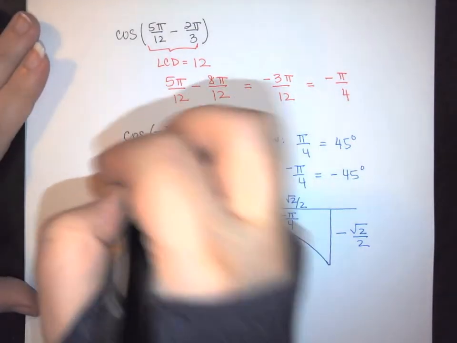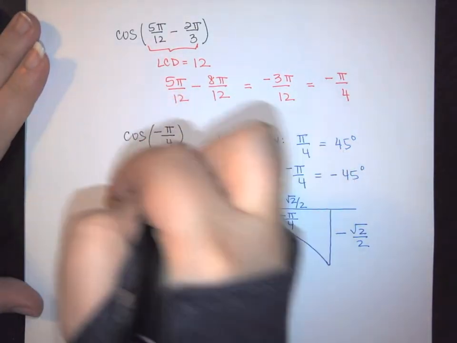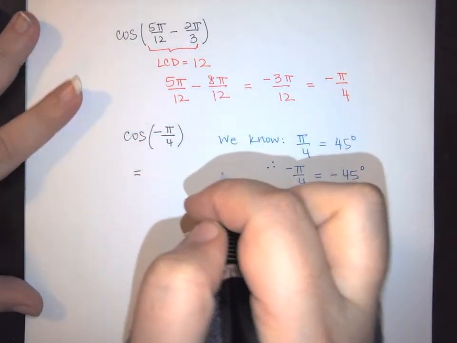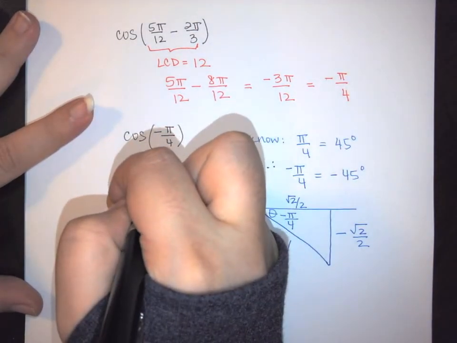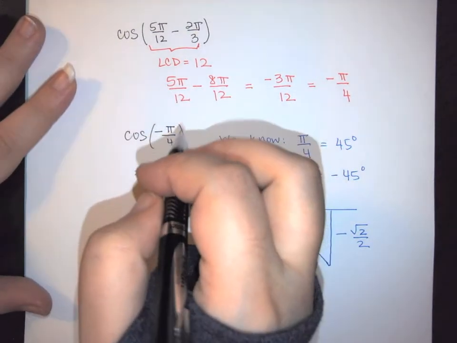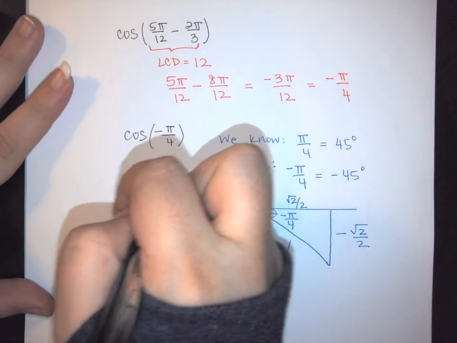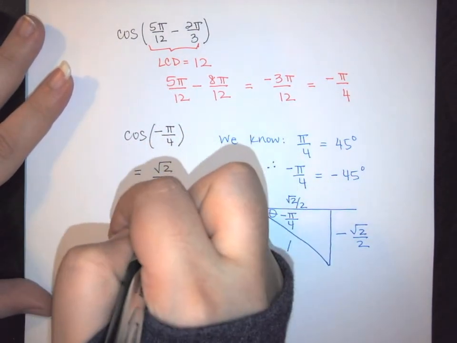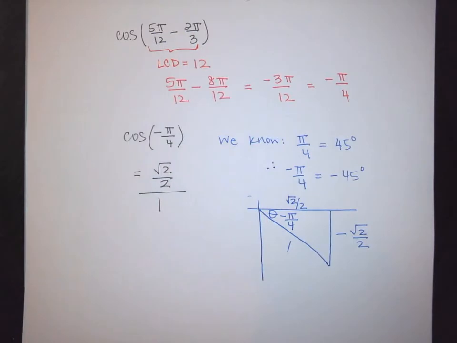And so here we're going to end up having that this is going to give you your adjacent over hypotenuse. So you've got your negative here, so we've got the square root of 2 over your hypotenuse being 1.